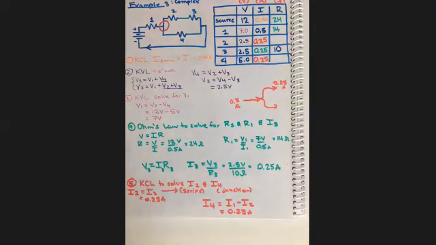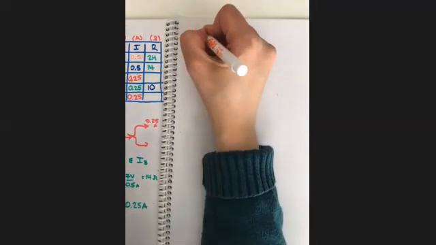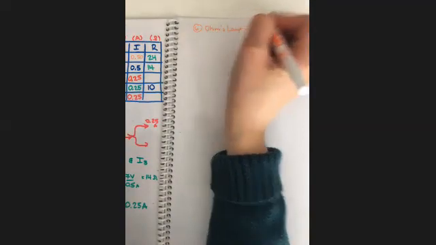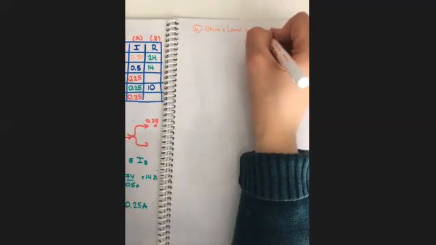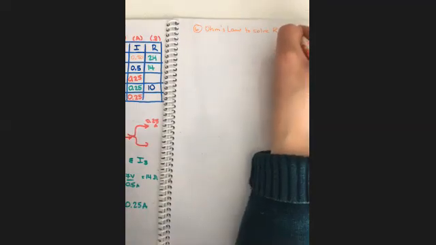So our final step is to use Ohm's law. You could use the equivalent resistance formula, but it would be pretty ugly. So I suggest using Ohm's law here because we have 2 out of the 3 things in the rows. So I'm going to slide over, and this would be step 6, Ohm's law to solve R2 and R4.